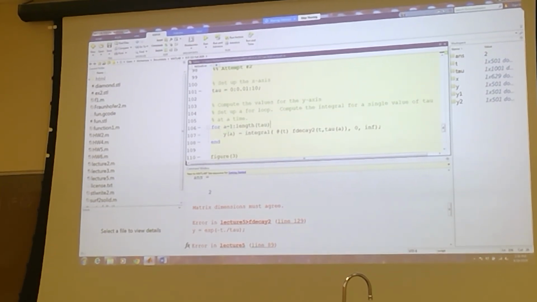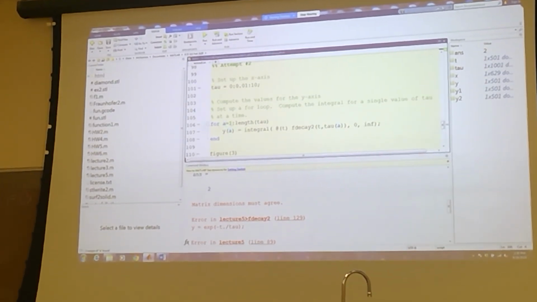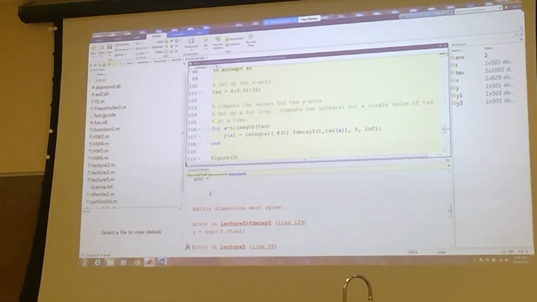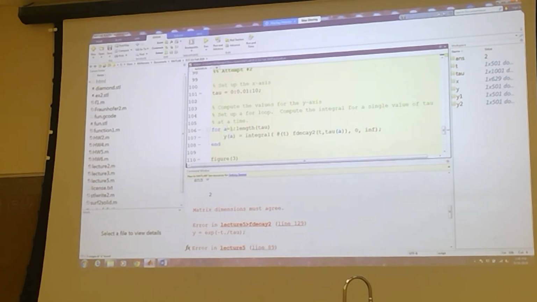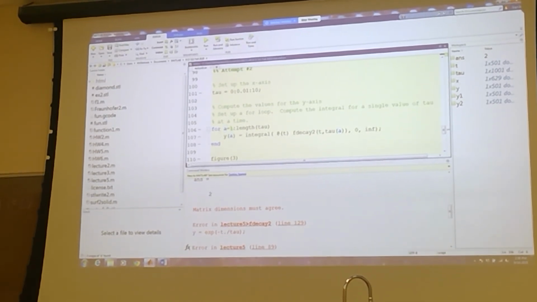So if I go through for A, and A is going to be an index, right? I got an array with 1,001 things in it, and I'm going to find the first thing in tau, which would be 0, the second thing in tau, which would be 0.01, the third thing in tau, which is 0.02, the fourth thing in tau, which is 0.03, right?